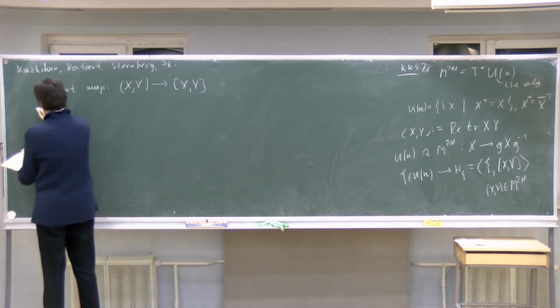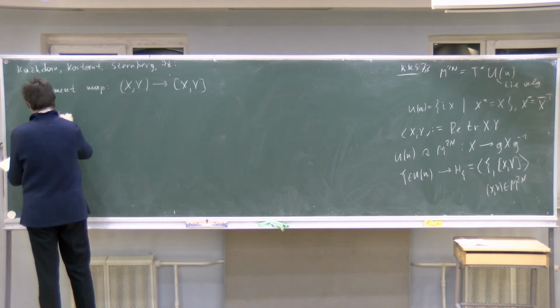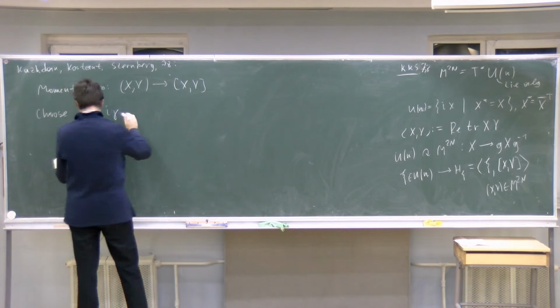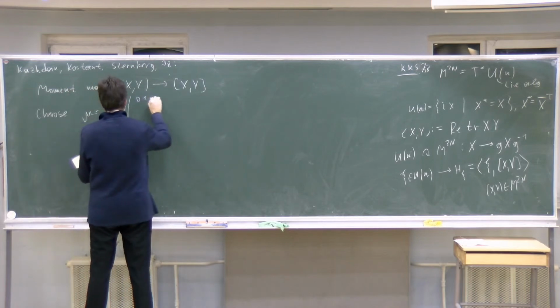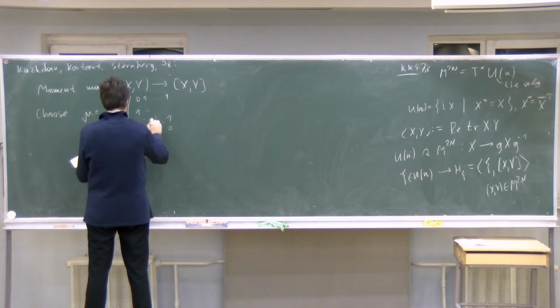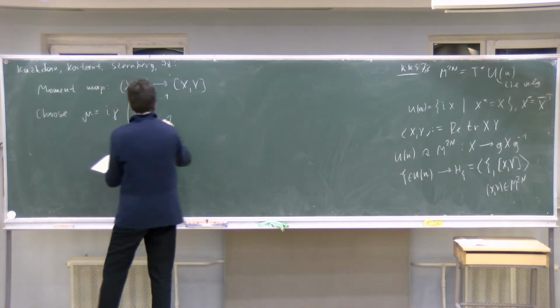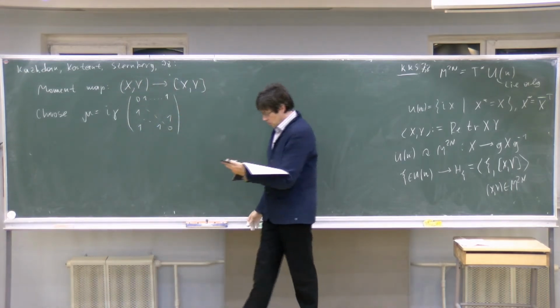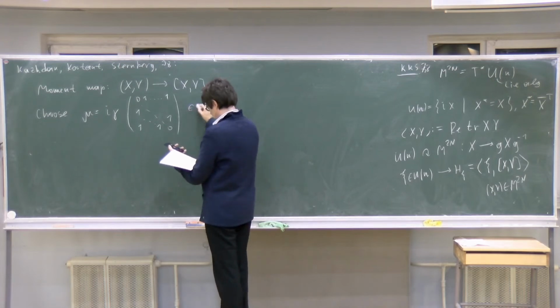And now if you choose mu to be equal to i gamma, a matrix where we put ones everywhere except the elements on the diagonal. This belongs to u(n).